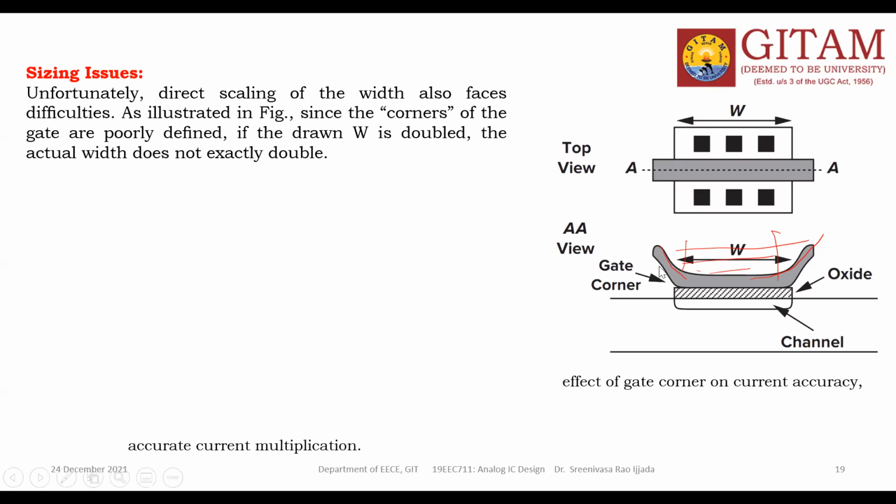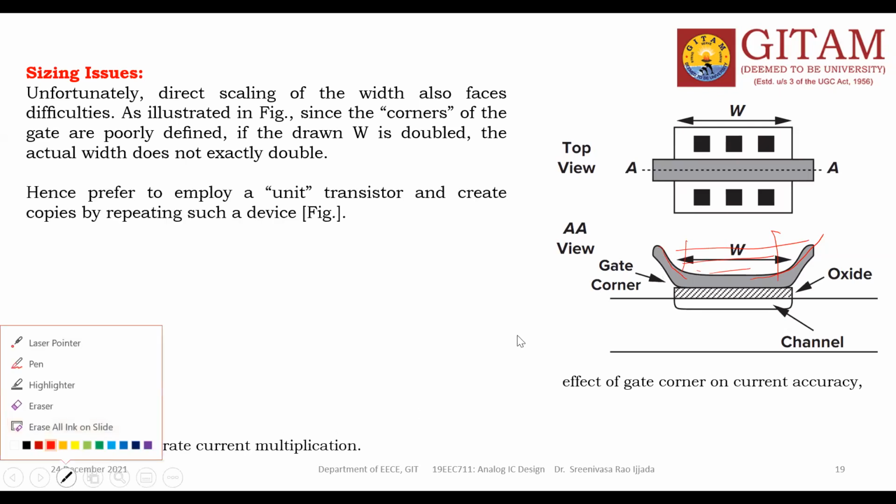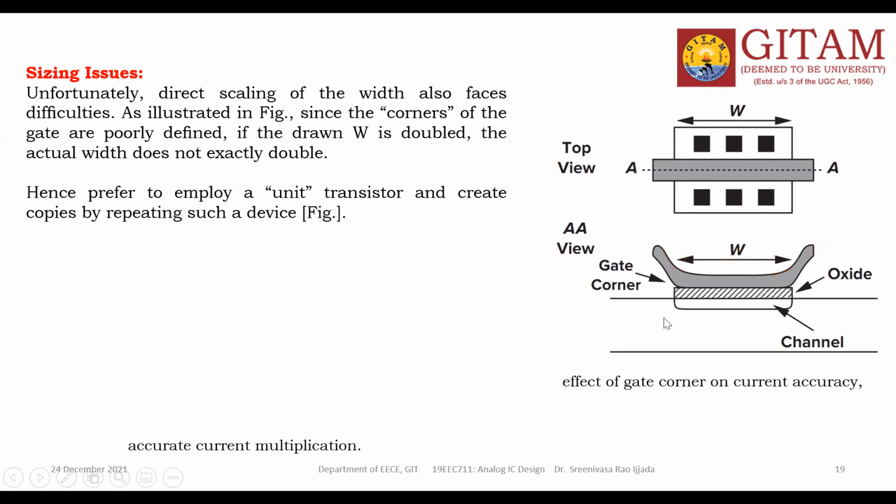When you scale the W directly, the scaling is like this, so the W is not exactly W. Clear? This is called the gate corner. Here is some W, here is some W, and here W changes.